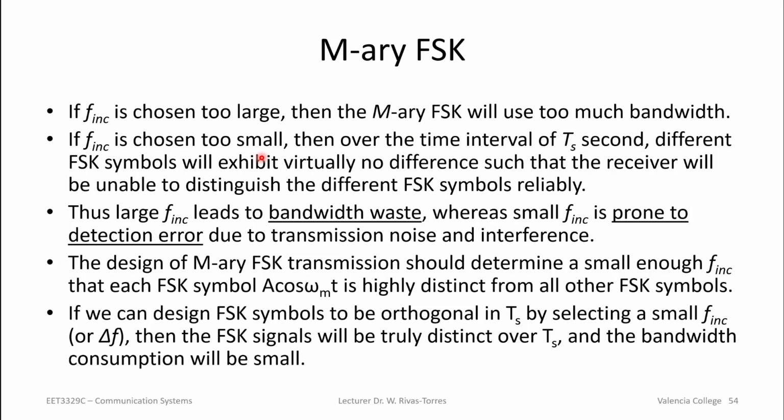Now, if you choose them too small, then over the symbol interval, the different symbols will virtually show no difference. They're very similar one to the other, and you'll be unable at the receiver to distinguish the different FSK symbols. What this further implies is that with a large increment in frequency you're wasting bandwidth, which is always at a premium, whereas if it's too low, then it's prone to detection errors due to noise and interference.